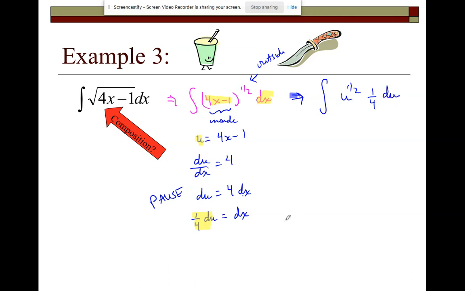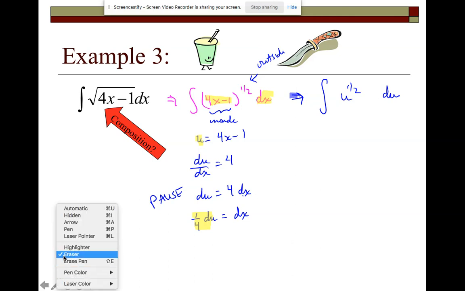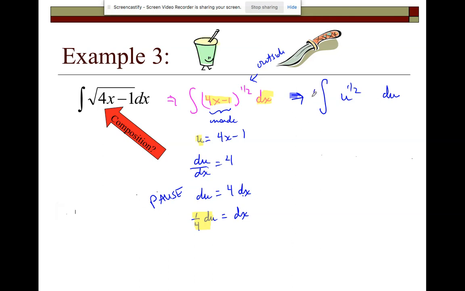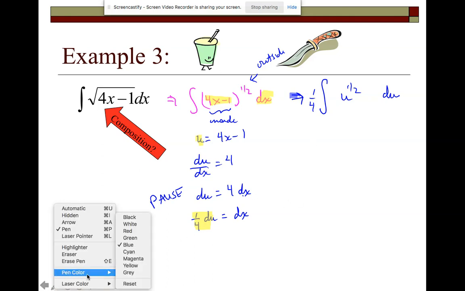Now look at your algorithm. After substitution, what's underneath there? Do you need to osmosis? Yes, you do. You need to take this multiple of 1/4 and osmosis it to the outside. And now go about your integration business.